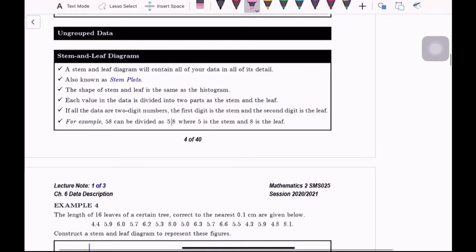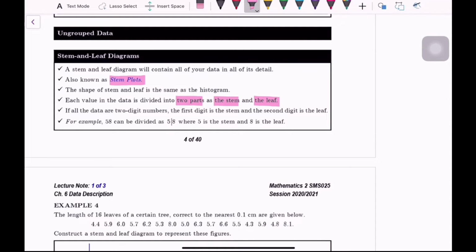Stem and leaf diagram for ungrouped data. A stem and leaf diagram will contain all of your data in all of its details. It is also known as a stem plot. The shape of stem and leaf is the same as a histogram. Each value in the data is divided into 2 parts, the stem and the leaf.